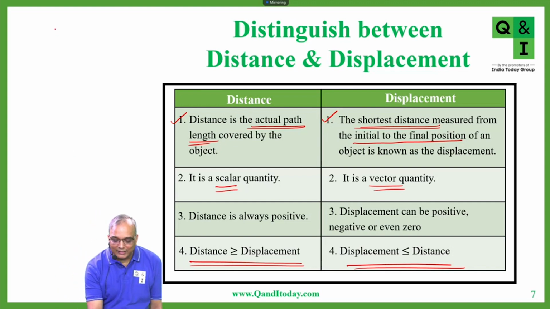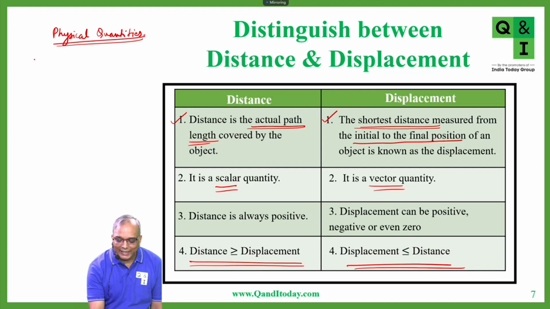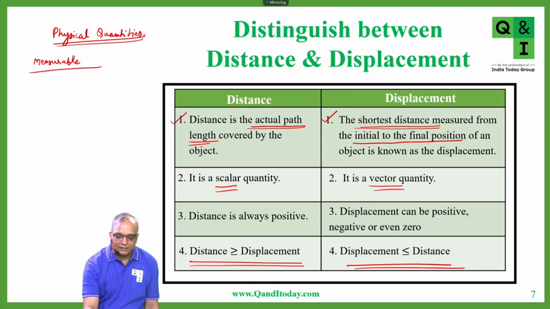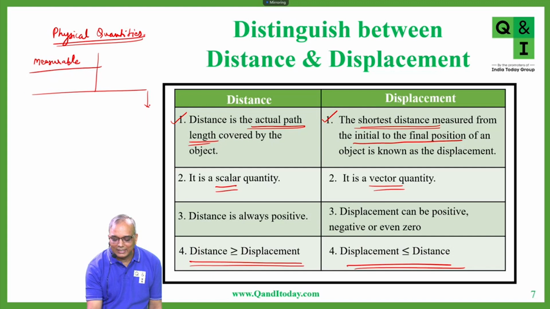So there are physical quantities. You know what physical quantities are? Any quantity which can be measured, any quantity which is measurable, is called a physical quantity. Now there are two types of physical quantities: one is scalar and the other is vector.